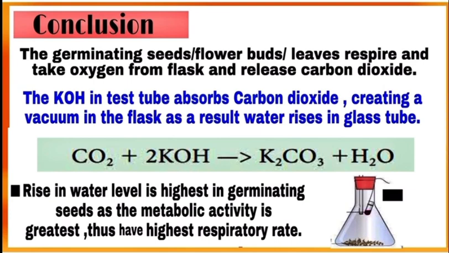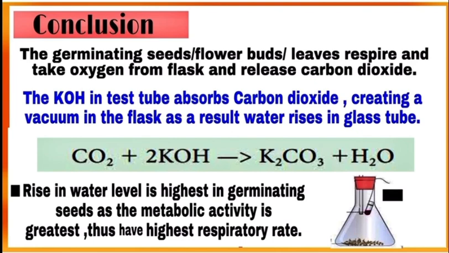And the potassium hydroxide in the test tube absorbs carbon dioxide, creating a vacuum in the flask. As a result, water rises in the glass tube. Potassium hydroxide solution absorbs the carbon dioxide released during respiration, and due to the vacuum created in the flask, the water level in the glass tube rises. Now write the equation involved during this process as given below. Carbon dioxide reacts with potassium hydroxide and gives potassium carbonate and water.